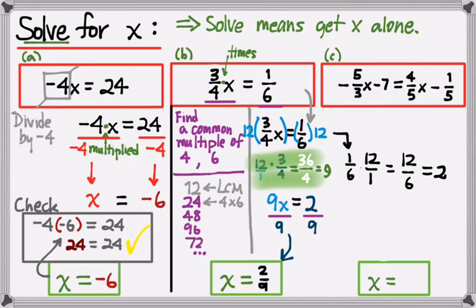So in a problem like part B, you might prefer to use the first method we talked about, where we deal with fraction arithmetic the whole way through. Seems like we had a couple of less steps, right? We kind of did the previous example in just one step. Just divide by 3/4 and be done with it. Right? Or you might choose in part B to do this technique that we call clearing denominators.